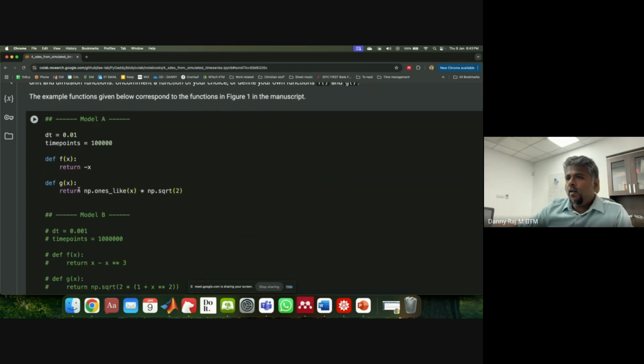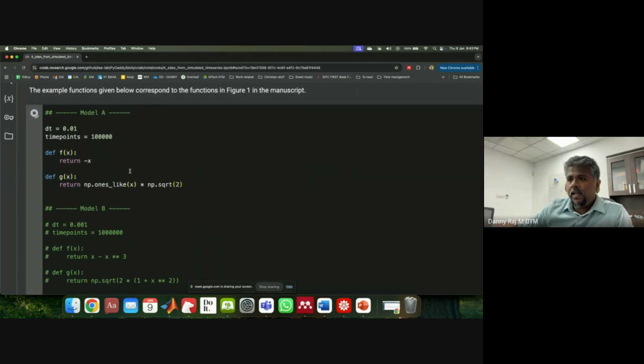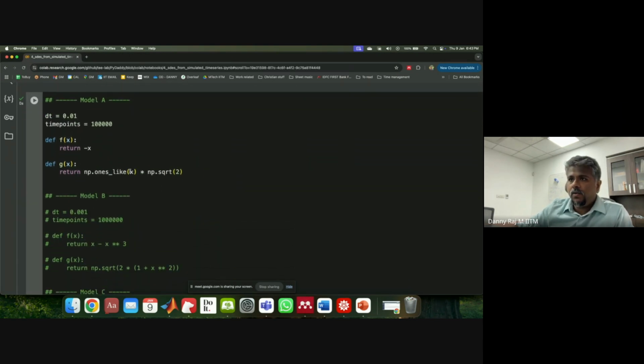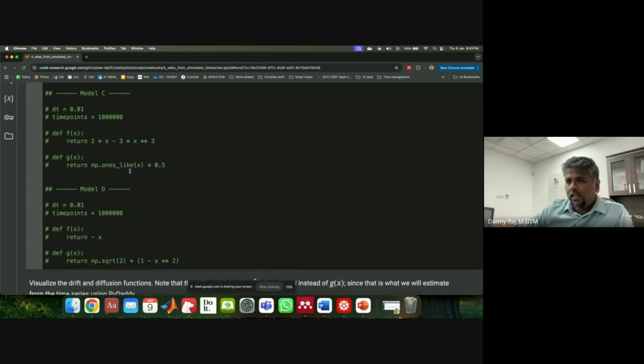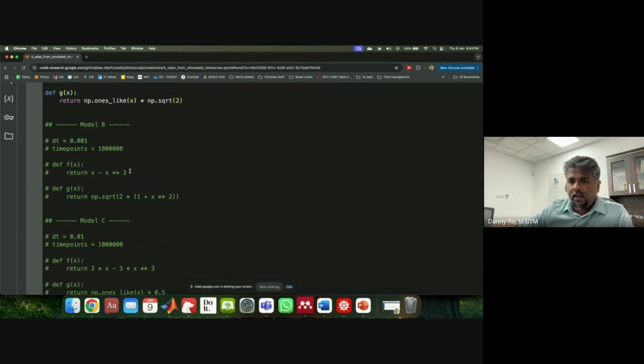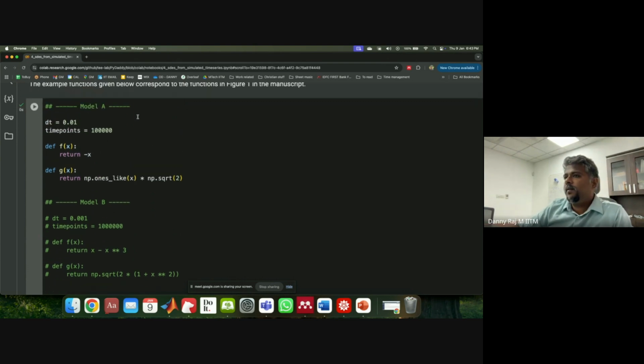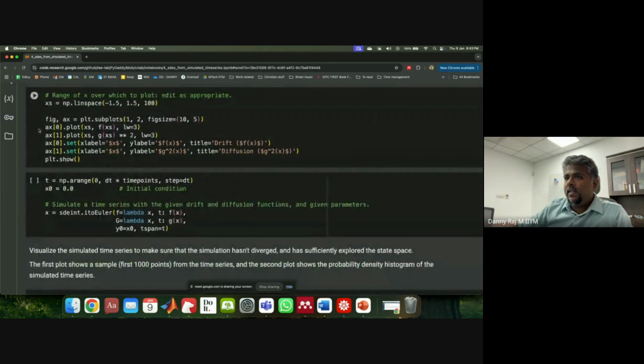Now I'm going to the same model that I initially showed. There are, of course, different models here that you can try yourself. The link to that is there. So this is part of the example notebook that is part of the package, but I put the link in my PPT as well. Okay, so let's visualize the drift and the diffusion.